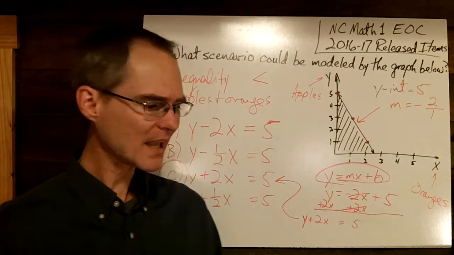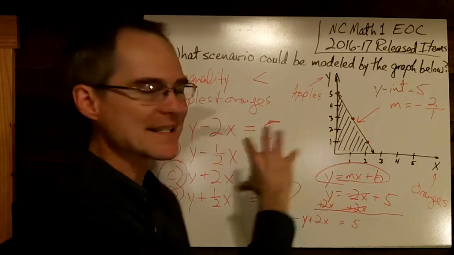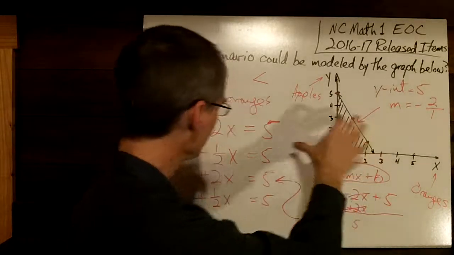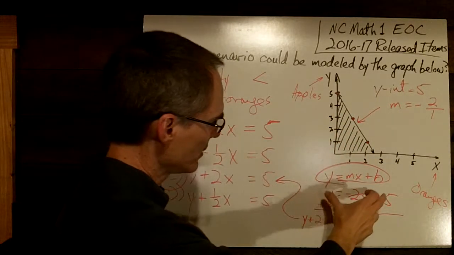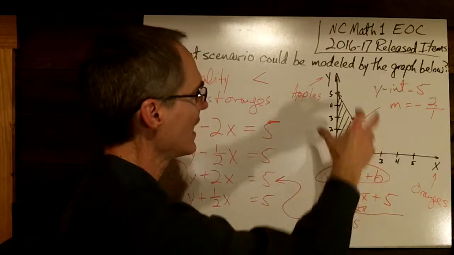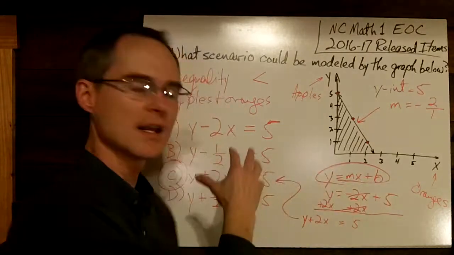And then finally, notice the way that we went about making sense of this problem. We went back and forth from the graph to the answer choices to writing the equation of this straight line, back and forth from this to this, from this to this.